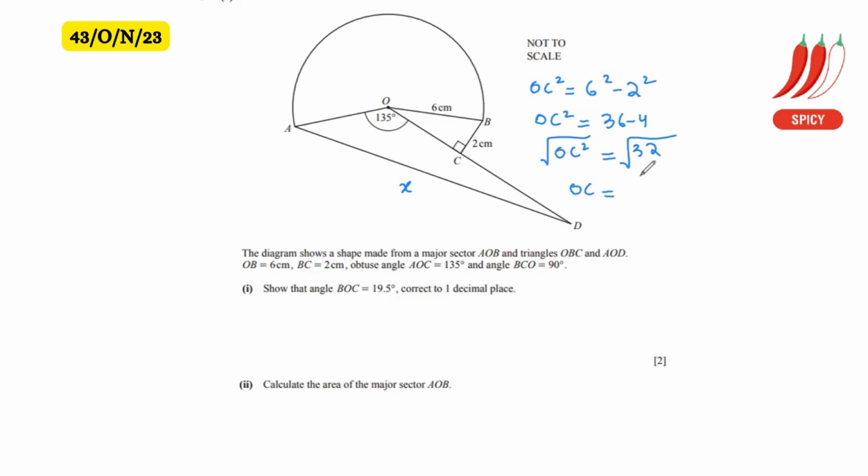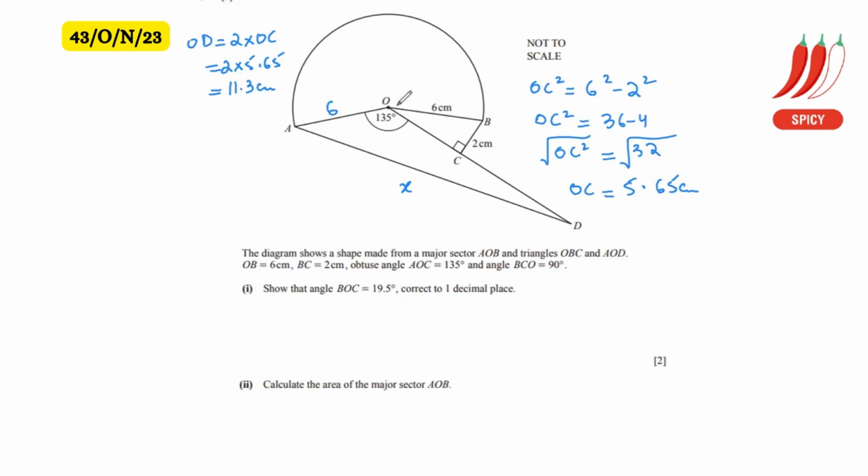OC is 5.65 centimeters. So OD would be twice of OC, which is going to be 11.3 centimeters.